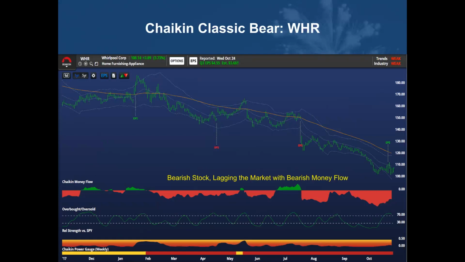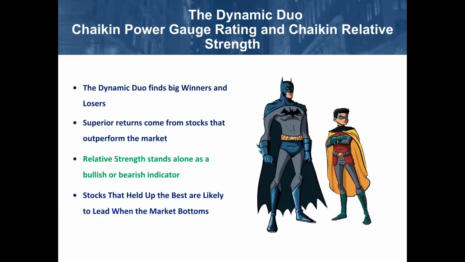You have their appliances, or at least some of them, in your home. You can see here a very bearish stock, underperforming the market, being sold by institutional investors, and that created a nice steady trend lower with plenty of opportunities to sell the stock or open positions on the bearish side.